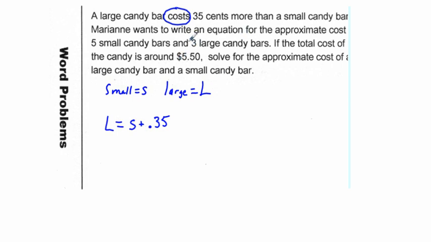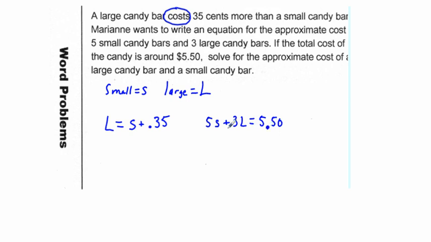And Rand wants to write an equation for the approximate cost of 5 small candy bars and 3 large candy bars. So that's going to be 5 small candy bars plus 3 large candy bars is equal to $5.50. Okay, there we go.